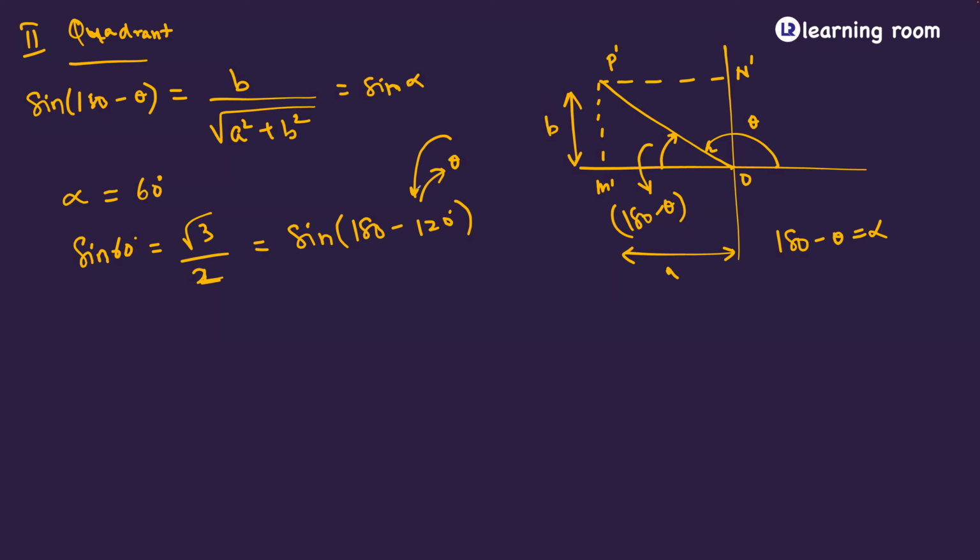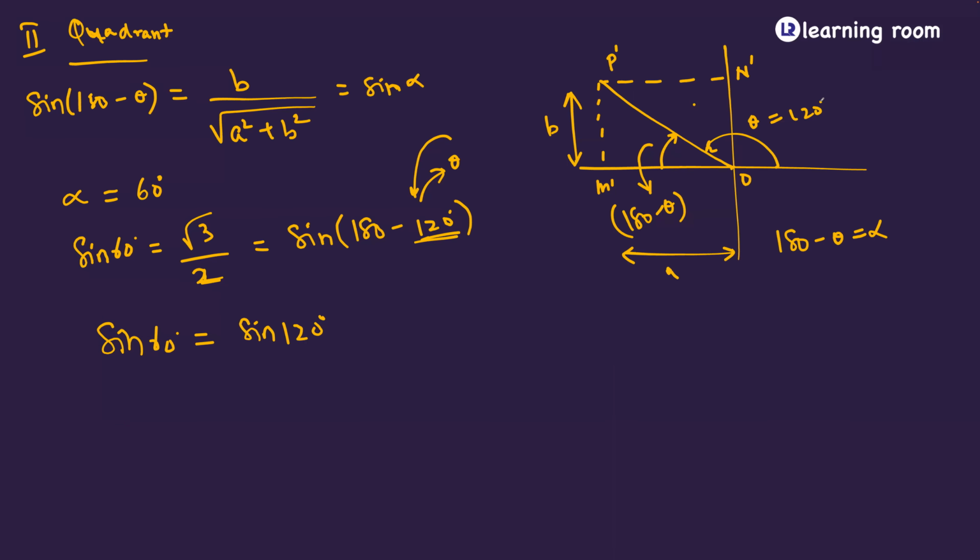Whether it is positive or negative is decided by the quadrant. Meaning, sine 60 is going to be the same as sine of 120 degrees. Why 120? When I rotate through an angle of 120 degrees in the anti-clockwise direction, which is going to be this theta, it is landing at the same place as sine 60 when I rotate in the clockwise direction.